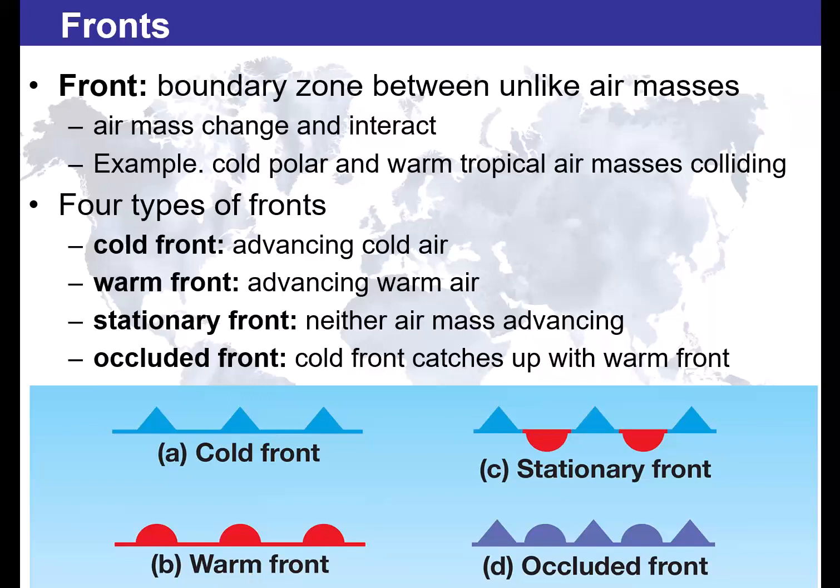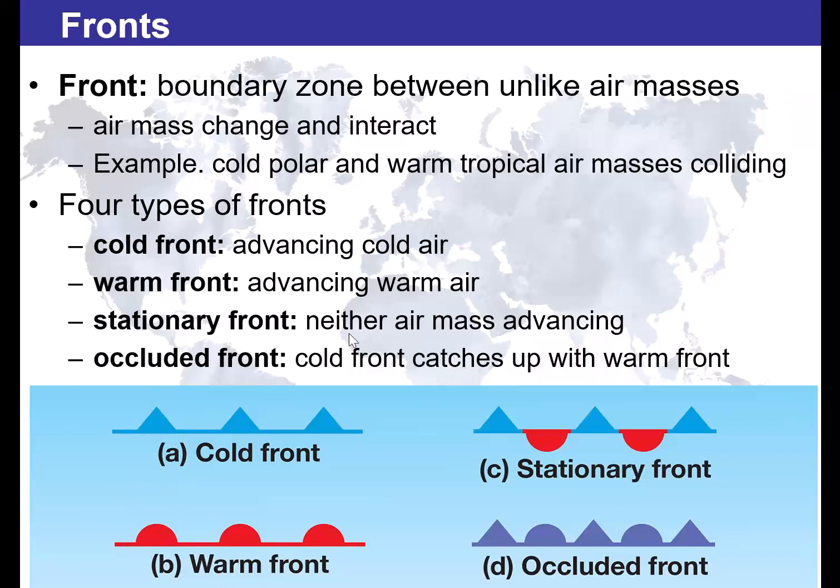Not only should we be paying attention to the colors, generally blue is going to be cold and red is going to be warm, but if we're ever looking at a black and white map, what you really have to pay attention to are the symbols. A cold front is always going to have this little mountain part, and a warm front is going to have this half circle.